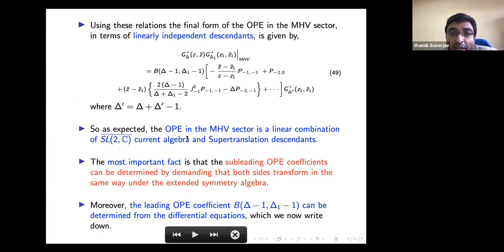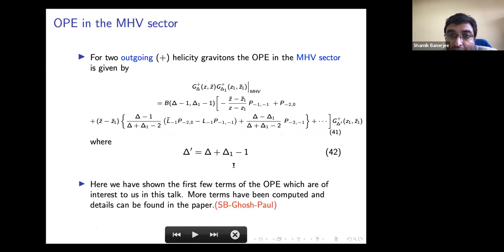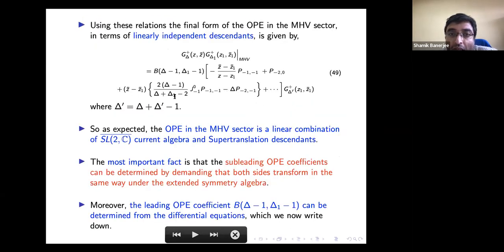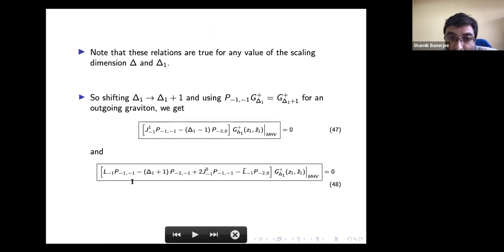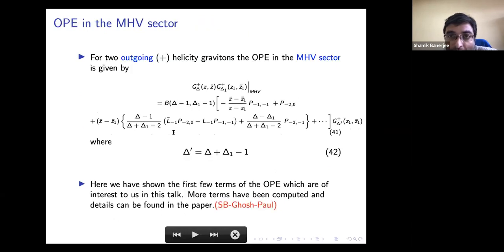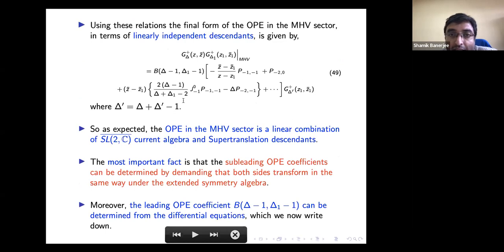Okay, so now we have just rewritten this OPE in this form, where I have substituted using this null state relation, this L minus 1, P minus 1 minus 1, and things like that. Finally, in terms of the linearly independent ones, this OPE can be written in this form.